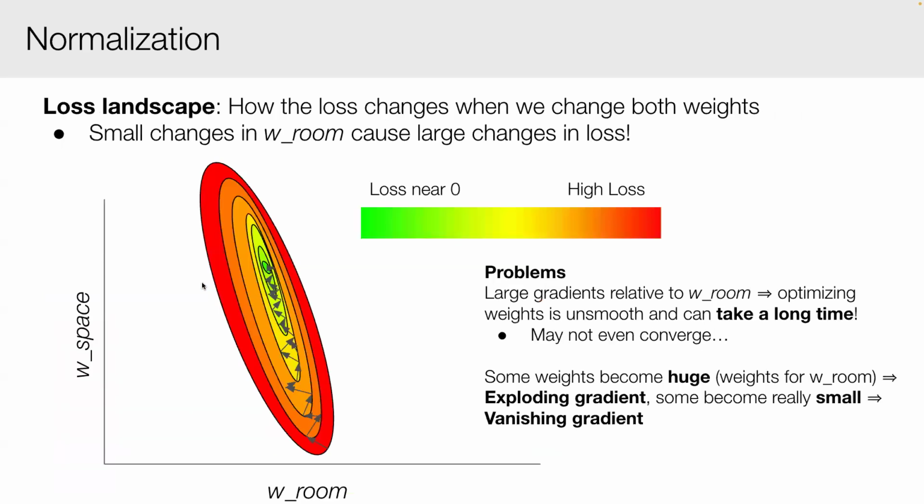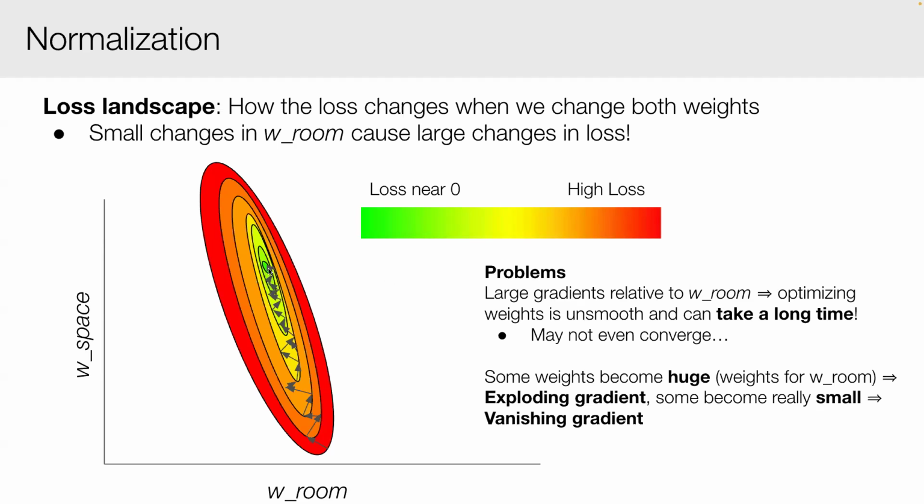So let's plot our loss landscape. On each of our axes, we have our different weight values, and I've plotted this contour map. It would be best to visualize this in 3D, but I didn't want to. Imagine a weight combination at this point would have really high loss, because it's a region of red.